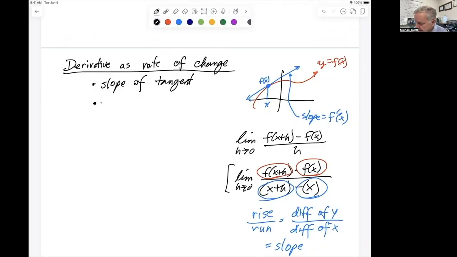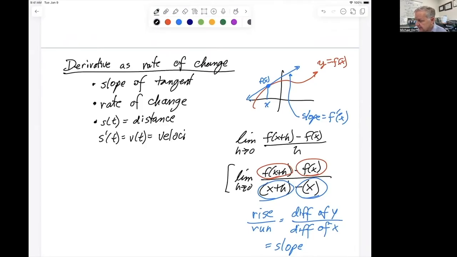Another thing is it can be thought of as a rate of change. So how fast something changes instantaneously. And then the third one is if my function, I'll just call it s of t, where t is time, equals distance or position, then the derivative of that we could write as v of t, which is velocity.